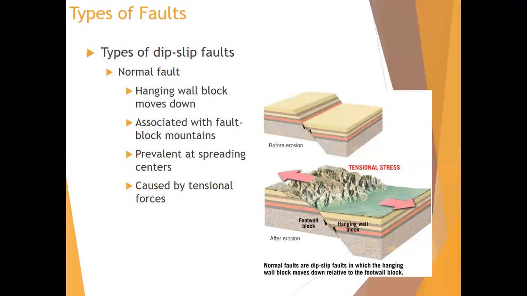They cause tensional stress as this happens, which lengthens the crust because it's pulling the rocks away from each other. These are prevalent at spreading centers. This is what you would find occurring in Iceland. And the tensional forces are going to be the big forces in play during these movements.